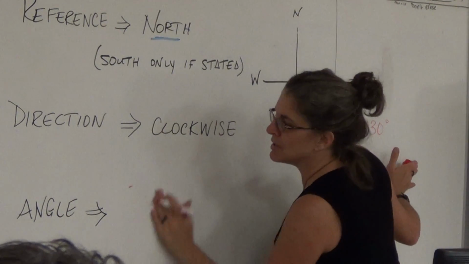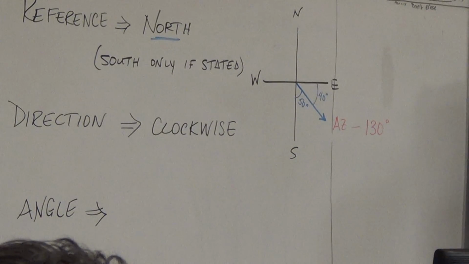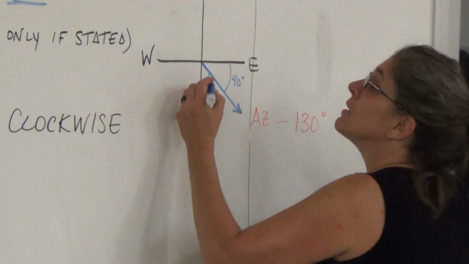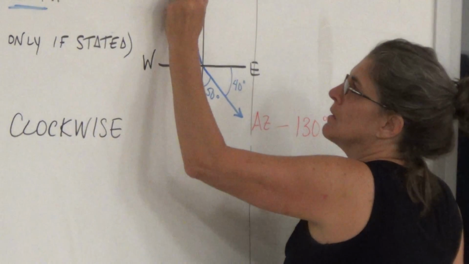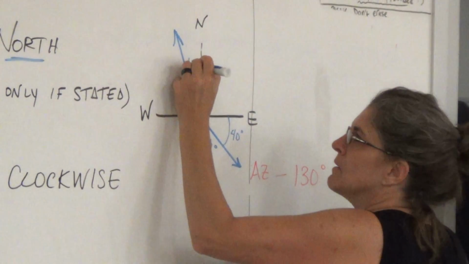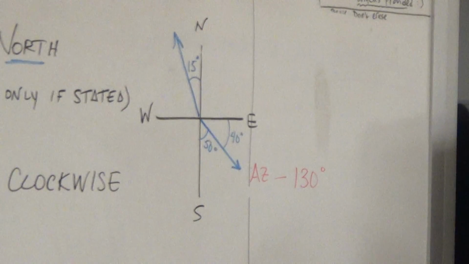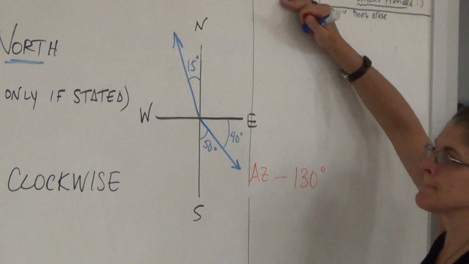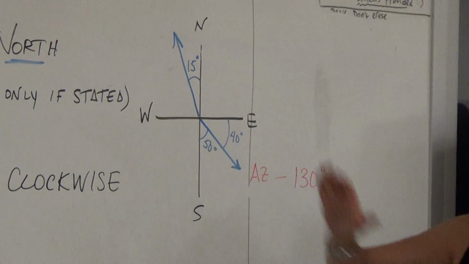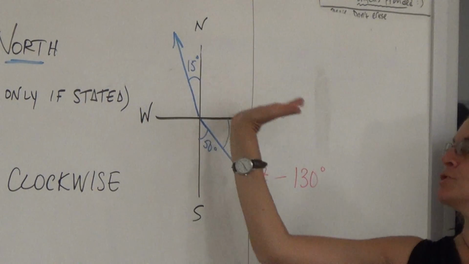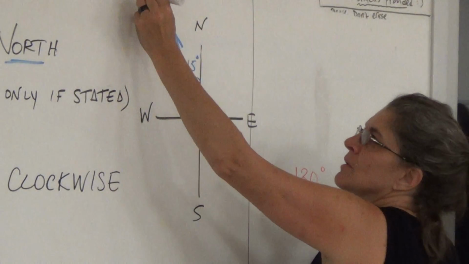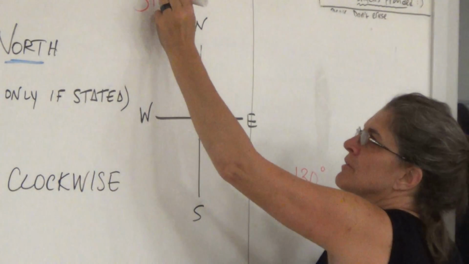Let me erase it here. What's the azimuth of that line? Your reference is north. You always measure going clockwise, so what is it? 345.